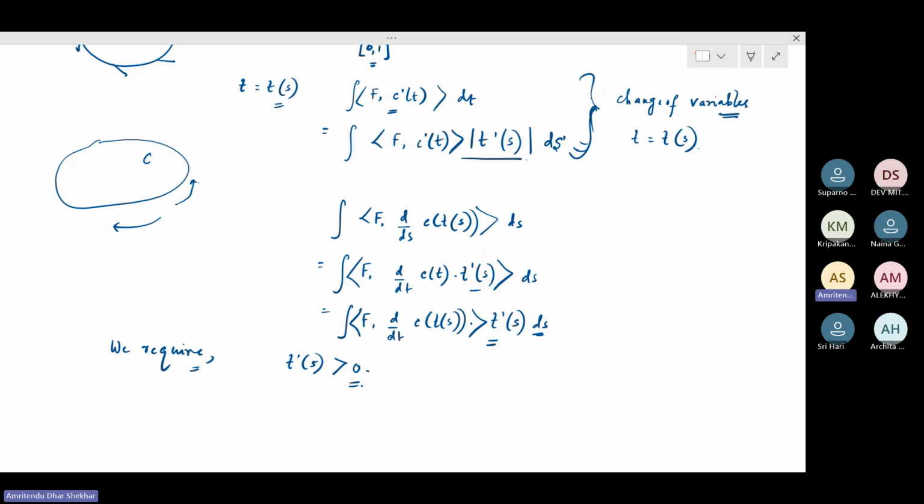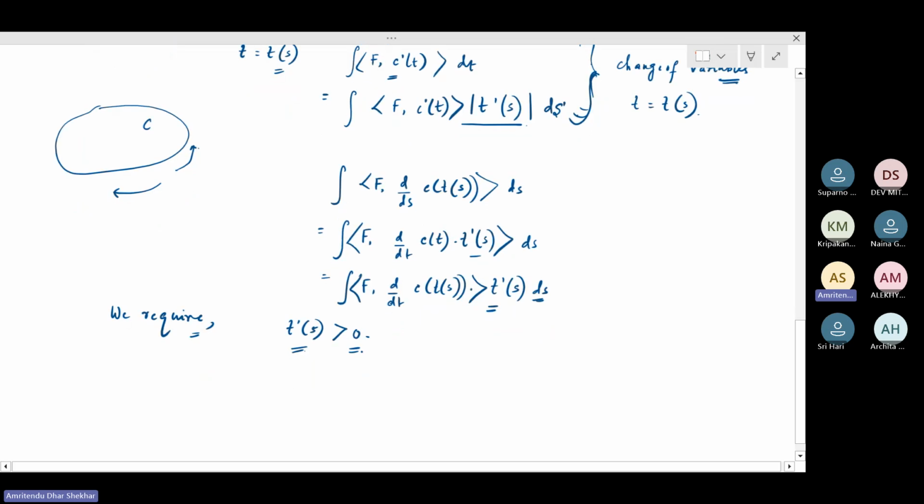This is essentially what is meant by the relation that t dash s is greater than zero. Essentially, it means that as s increases, t also increases. So you are moving in the same direction in the two cases. I hope it's clear.